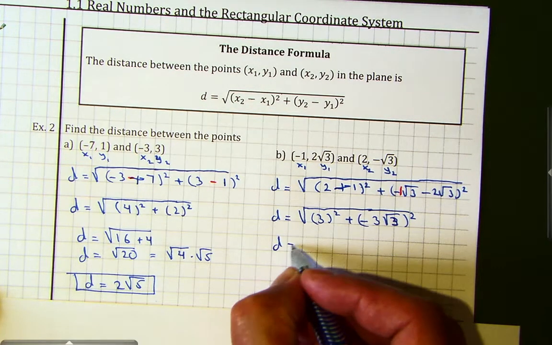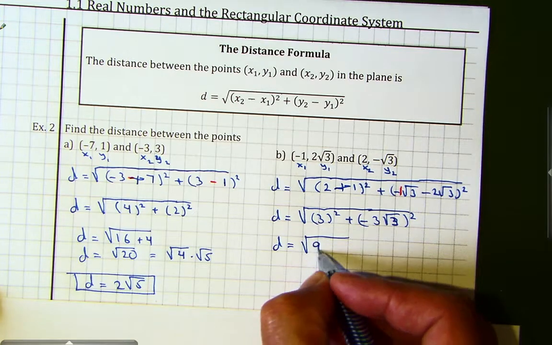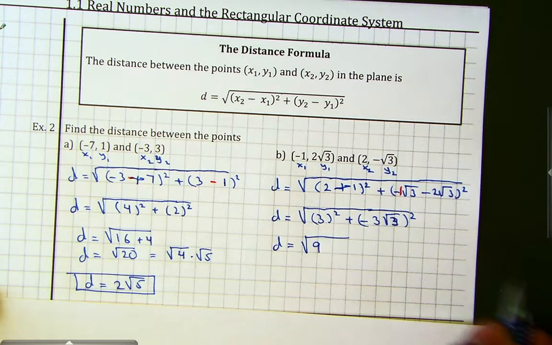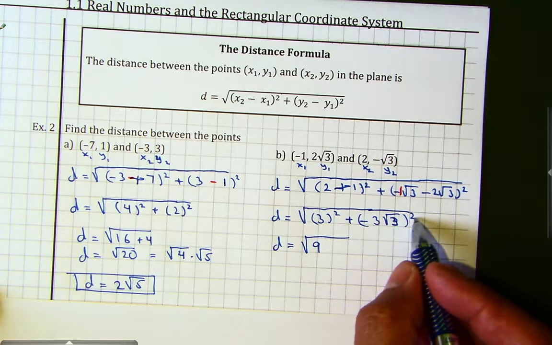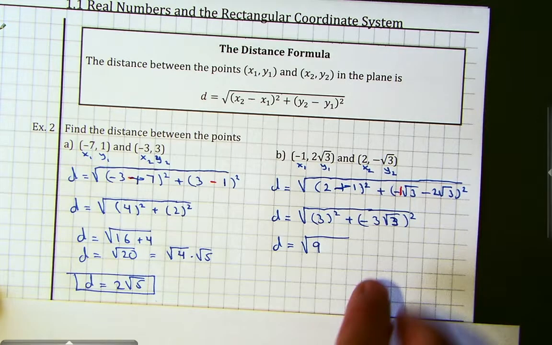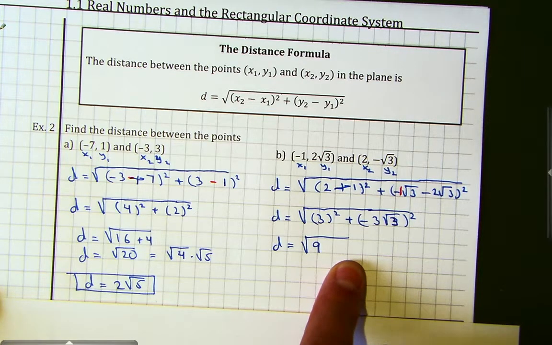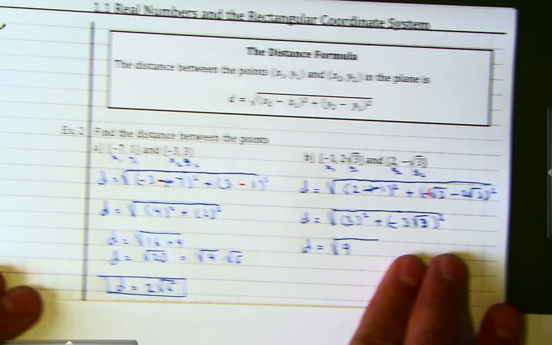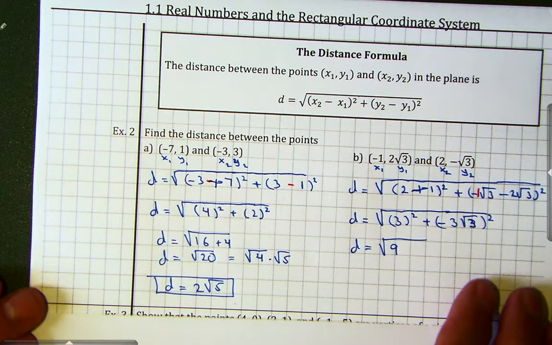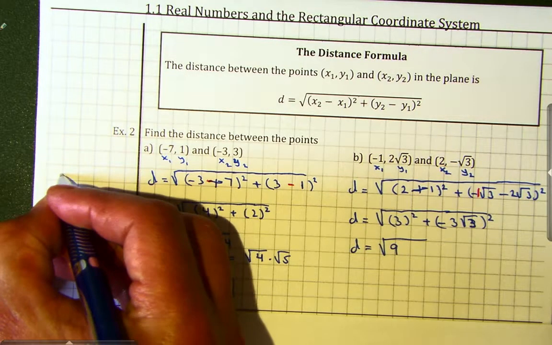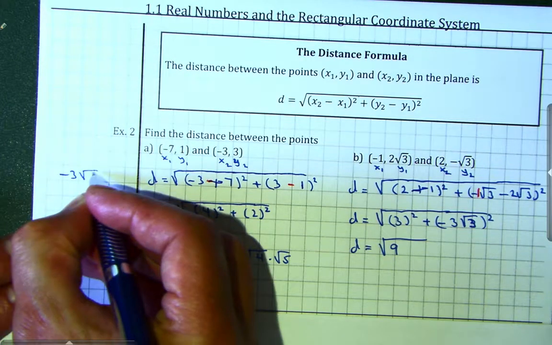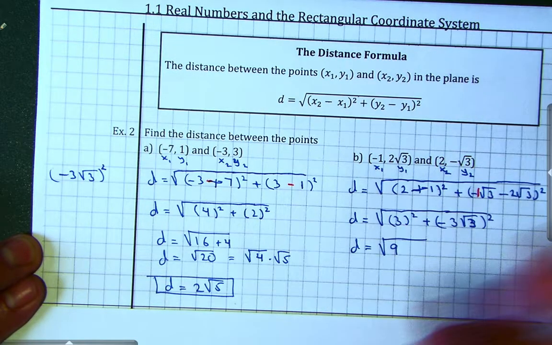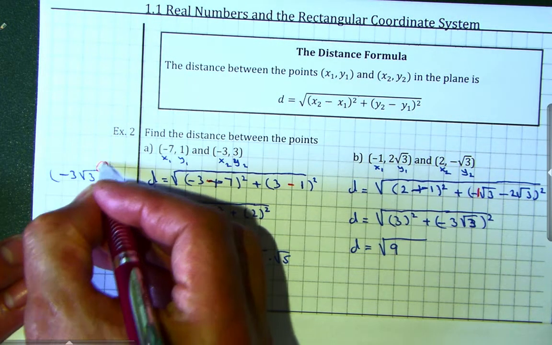So therefore, the distance is the square root of 3 squared, which is 9. How do I simplify this section here? How do I simplify negative 3 square root of 3 squared? What do you get? Go and pause it, see if we can figure it out. Correct. So whenever you have negative 3 square root of 3 squared, and let me do that on the left hand side because that's something that will be on your test. Many of you will get it incorrect. So back in algebra 1, on your properties of exponents, or algebra 2, you know that the square belongs to them both.